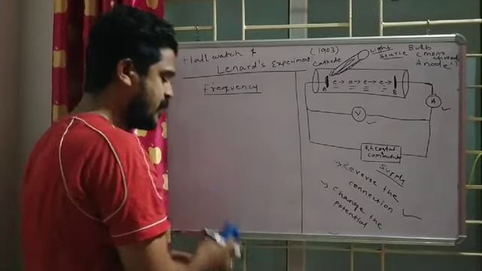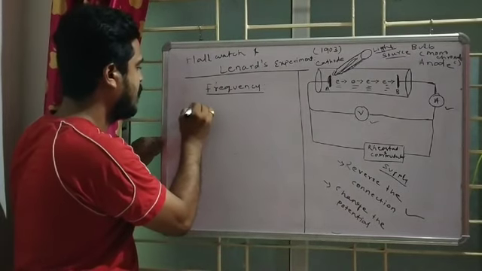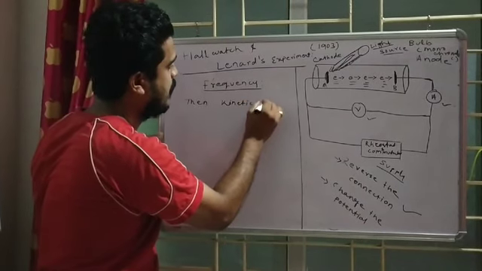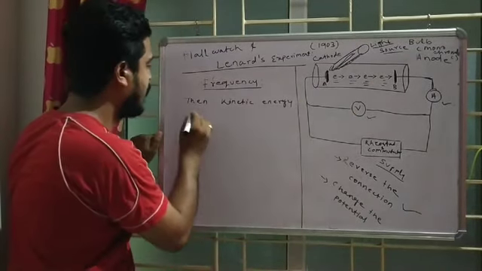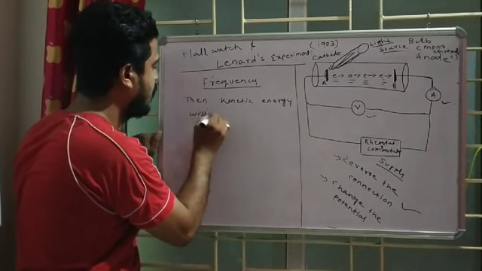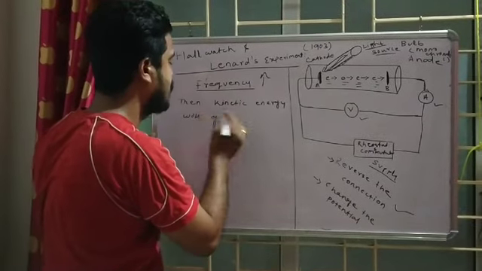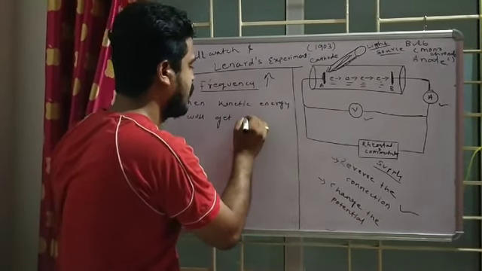So what is their observation? Their observation is that if the frequency increases, then the kinetic energy will increase. Kinetic energy of what? Kinetic energy of these electrons. If frequency is increased, kinetic energy is also increased.